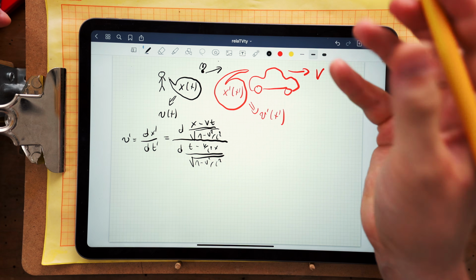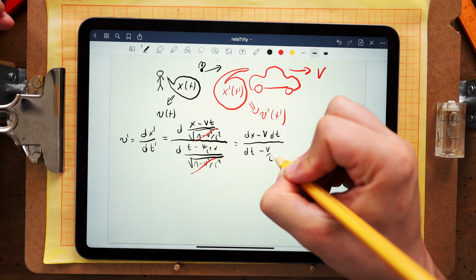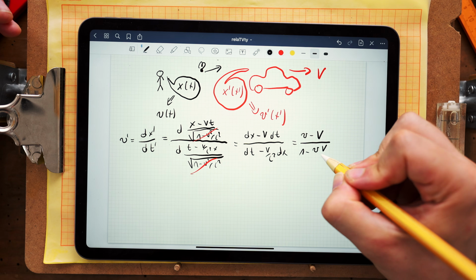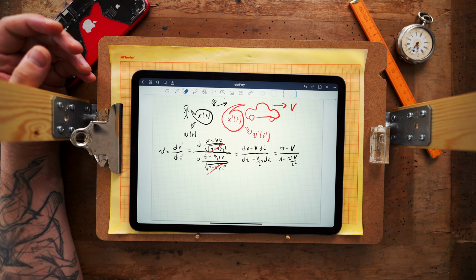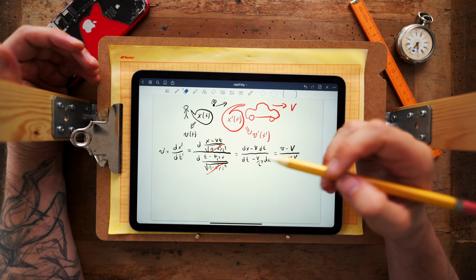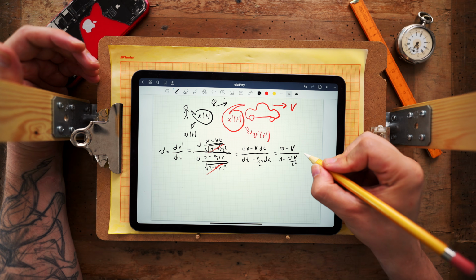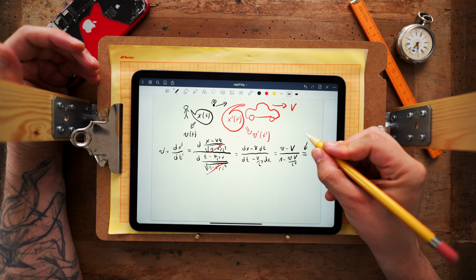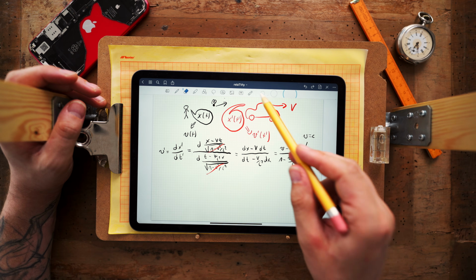As we can see, both denominators cancel out, and if we divide the numerator and denominator by dt, we immediately arrive at the result. We can also check the correctness of the resulting velocity transformation formula by plugging in c instead of small v, which is to test how the speed of light transforms into the new frame of reference. And as expected, we find that the velocity in the new frame of reference is still c.